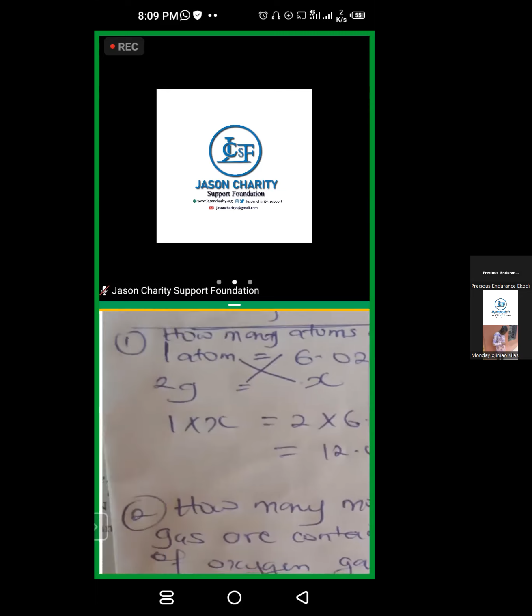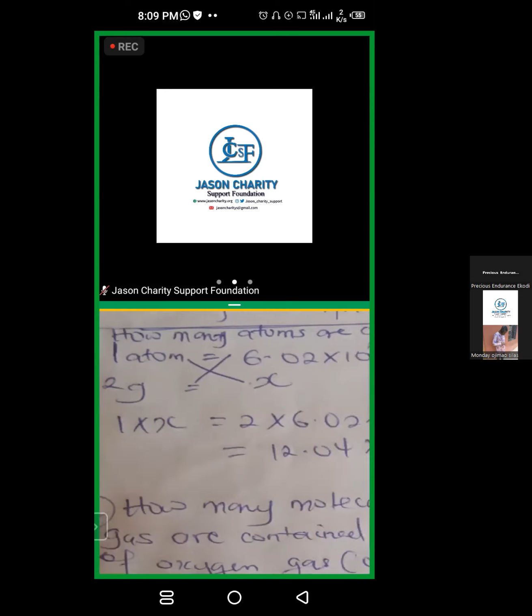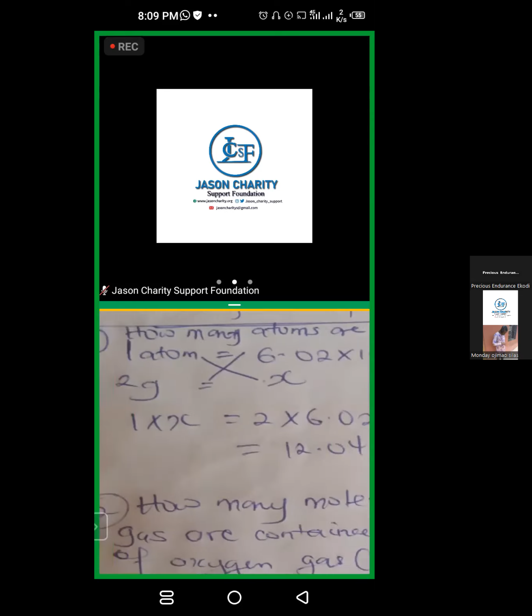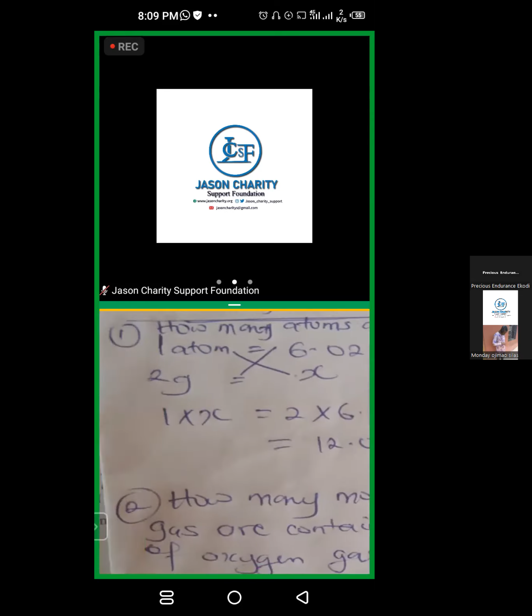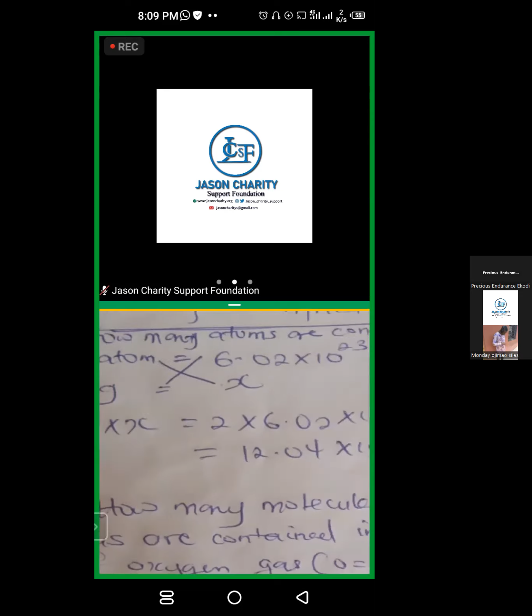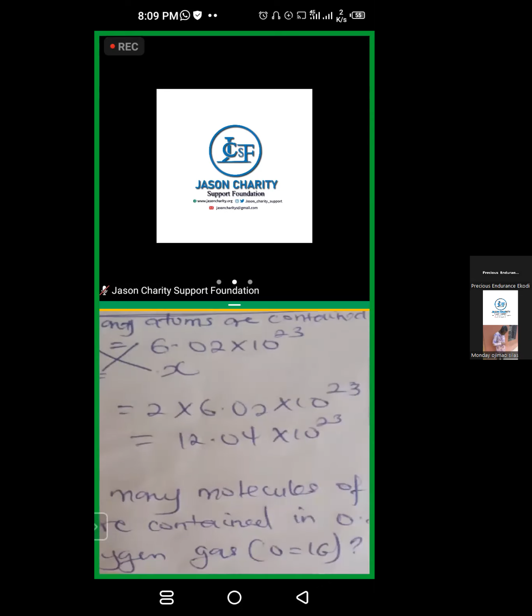So that one atom is the same as 6.02 times 10 raised to power 23. Then bringing in the mass, which is 2 grams, and what we are looking for, we represent that with x, cross multiply. Our final answer will be 12.04 times 10 raised to power 23, or 1.204 times 10 raised to power 24, if we bring the decimal point forward.